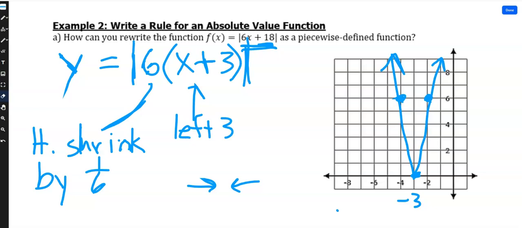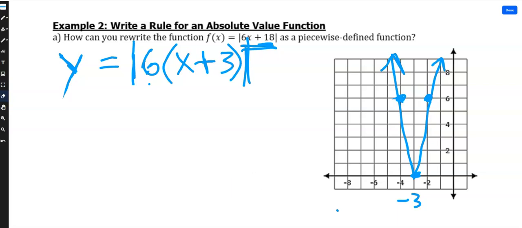Now, how can I define that with a piecewise function? All right, let me get rid of some of this and give myself some space, because I've got two functions here. Well, one of them looks exactly like the original one.